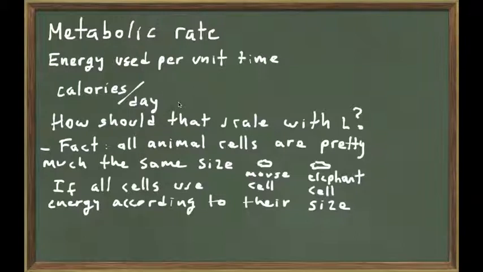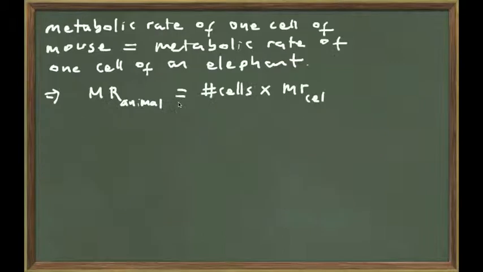So if all the cells are about the same size, they will probably use the same amount of energy. The cell of a mouse might use the same amount of energy as the cell of an elephant. That is a hypothesis. If that is true, then what can you conclude?